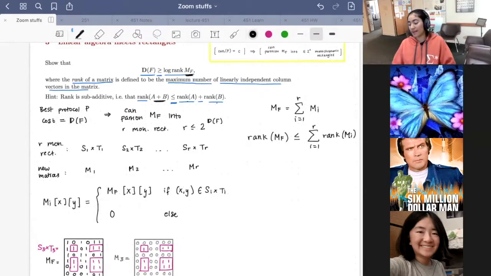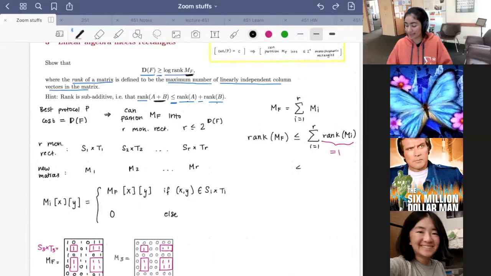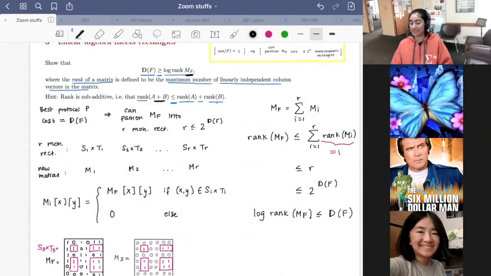And by the special way that we define each of these M sub i, what do we notice about the rank of these matrices? It's less than or equal to r, which is less than or equal to 2 to the deterministic complexity of f. And just taking the log on both sides, we have log of the rank of our matrix is less than or equal to the deterministic complexity of f, which is what we wanted to show.